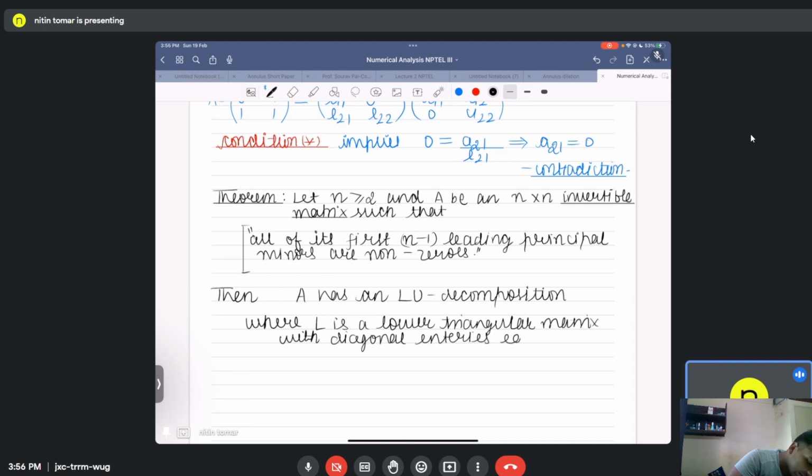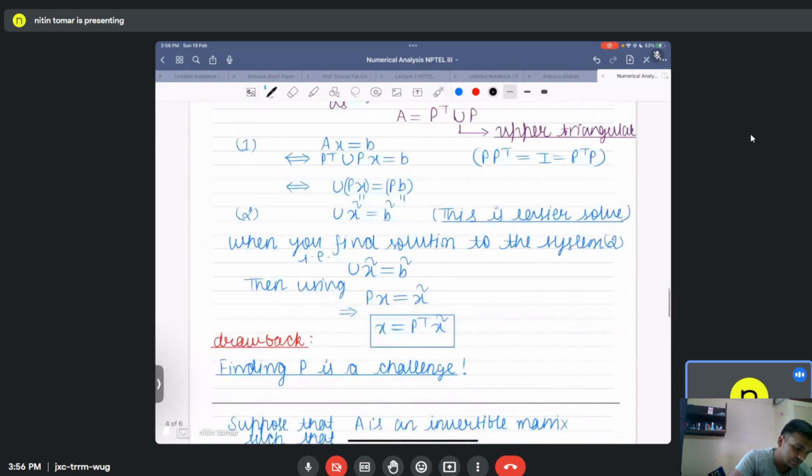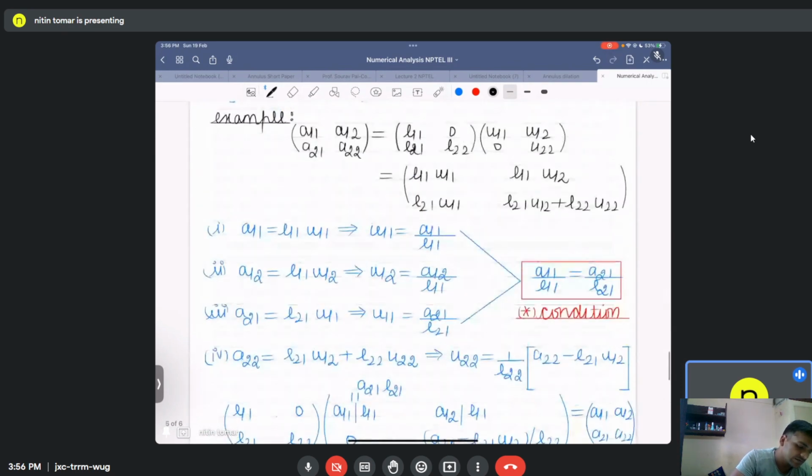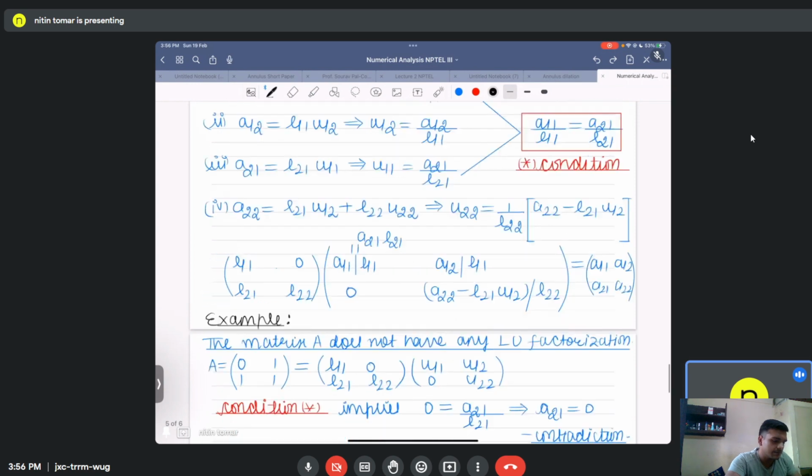With diagonal entries equal to 1. So not only will we have an LU factorization, these diagonal entries will be 1 also.